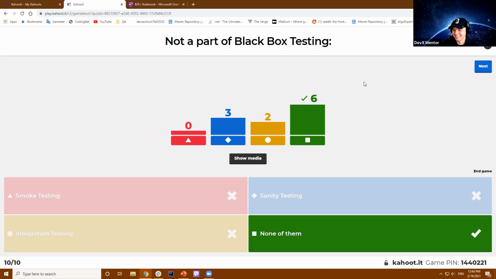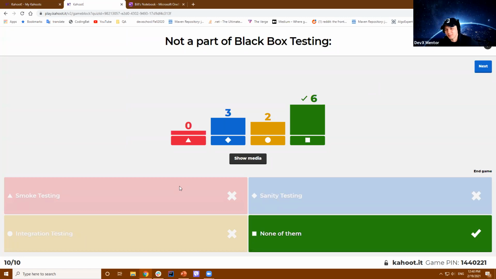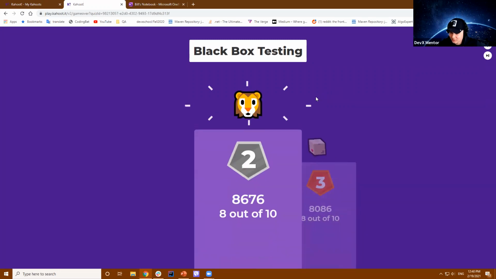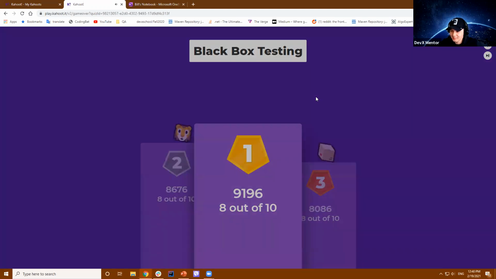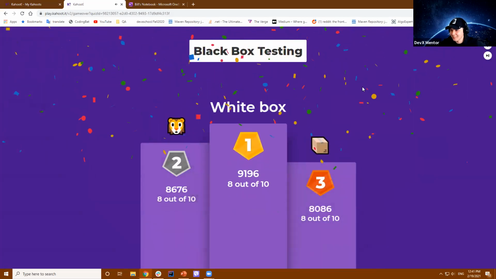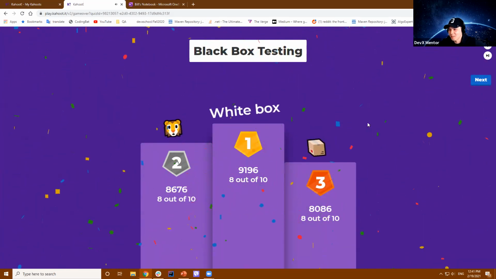Don't cheat. Smoke testing, sanity testing, and integration testing can be part of black box testing, so none of them is a correct answer. Good job. Most of you got it. And let's see who wins. Gray box is third, lion face second, and first is white box. Congratulations, white box. You win the Kahoot game about black box.